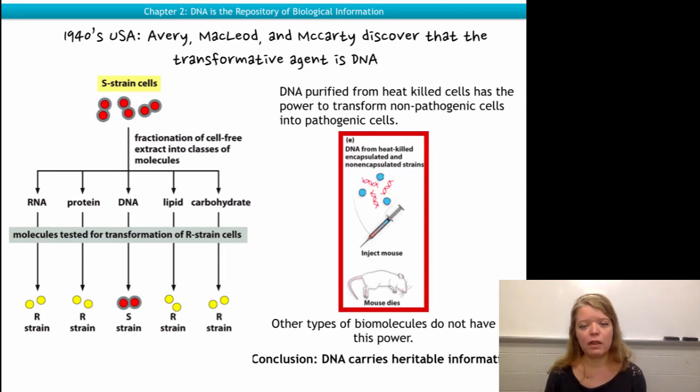And they observed that only when the DNA fraction was mixed together with the non-virulent R strain bacteria, as you can see here, when this cocktail was injected into the mouse, only then the mouse died, and only then did the non-virulent R strain cells change into the S strain. Other types of biomolecules did not have that power. And the conclusion of the Avery, McLeod, and McCarty experiments was that DNA was able to carry heritable information.